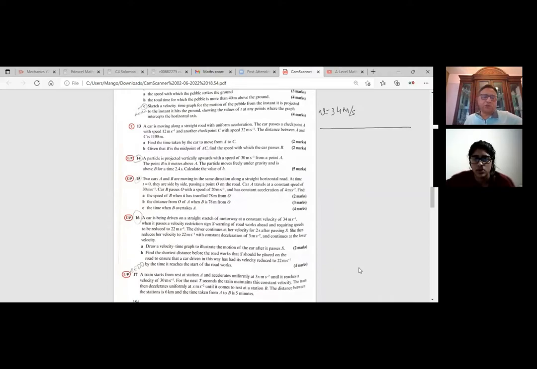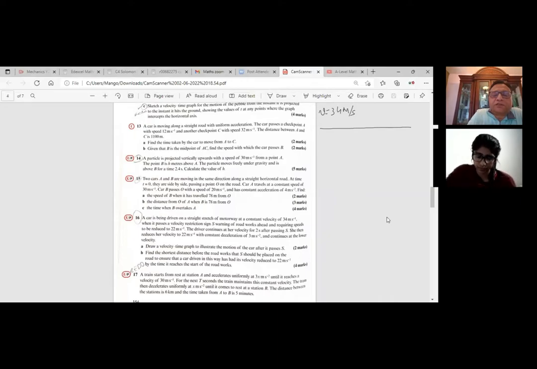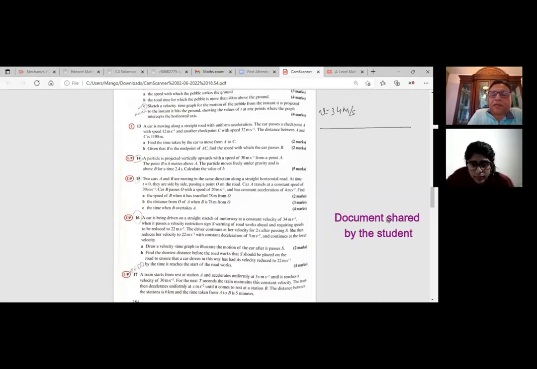Great. Okay. So, a car is being driven on a straight stretch of motorway at a constant velocity of 34 meters per second. When it passes a velocity restriction sign S, let's say this is the warning signal S, warning of the road work ahead, and requires speeds to be reduced to 22 meters per second.